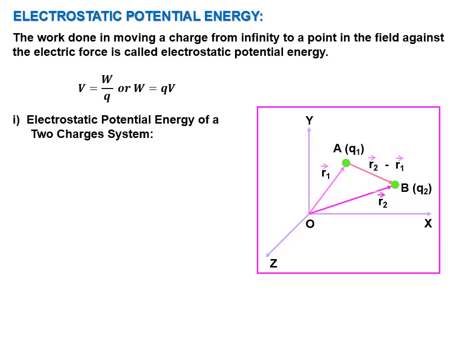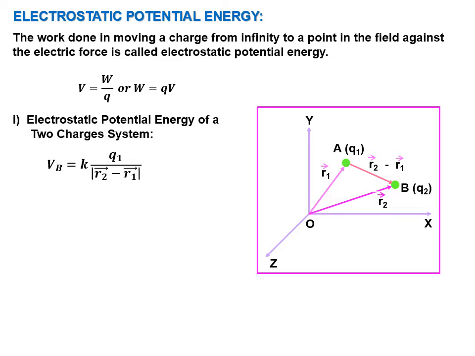First, we will find the potential at the point B due to the charge Q1. It can be written as K Q1 upon AB, and AB is R2 minus R1. We have to take the magnitude of this vector. Now, what will be the work done?